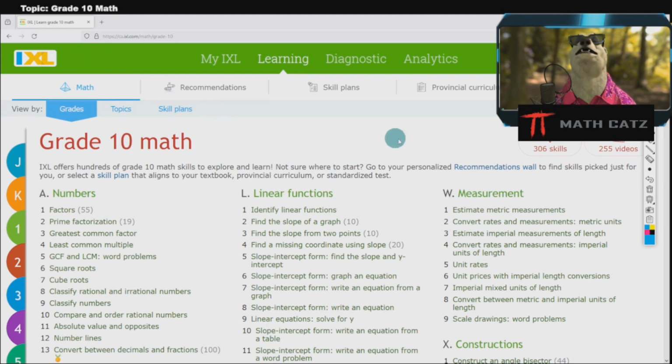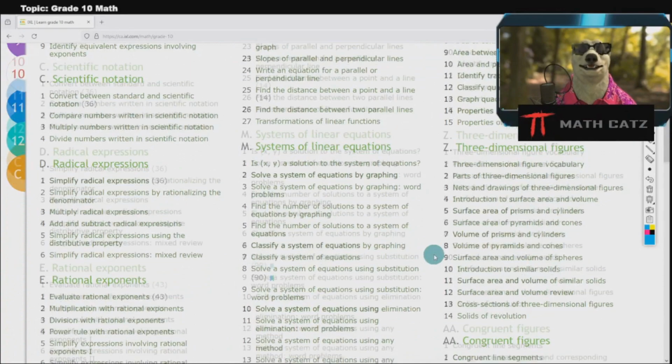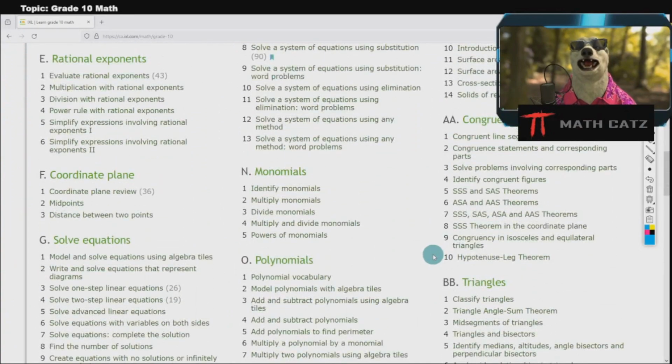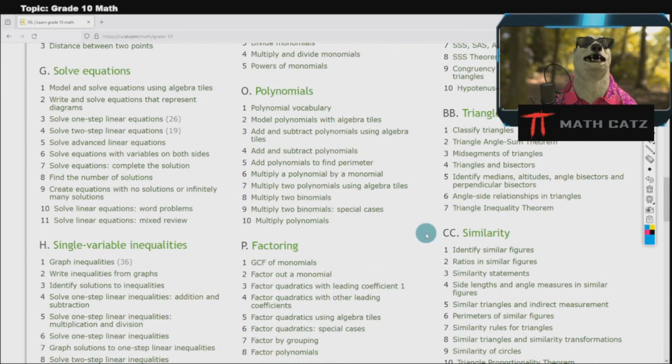Feel free to explore that platform, use your own that you know already, or any book. But you do need to practice these things a little bit more than what we can do in the video time. We're going to talk about polynomials, all introductory things, but that doesn't mean it has to be easy. We're all at different places in our journey.